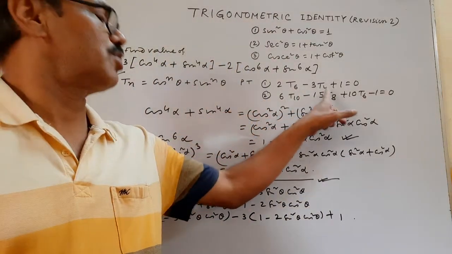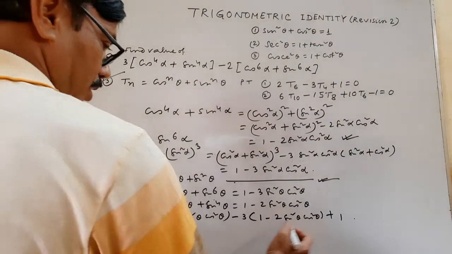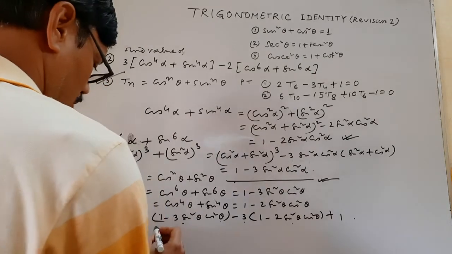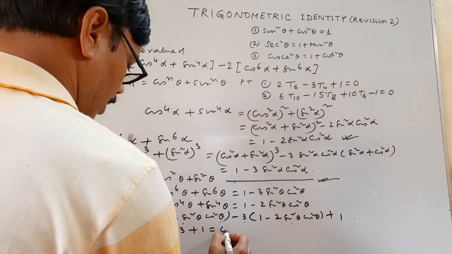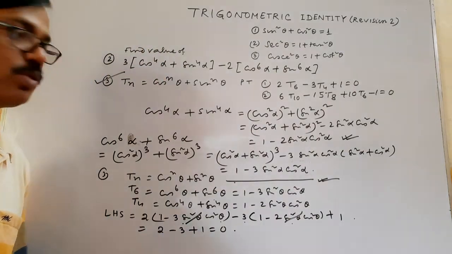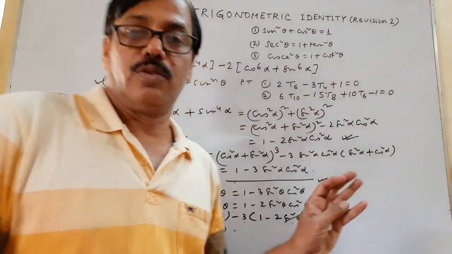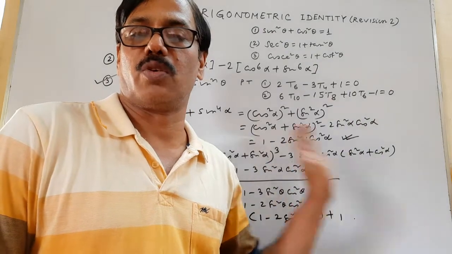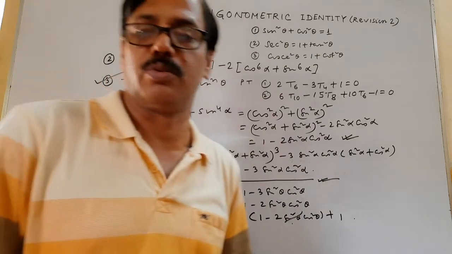Listen, put the values of T6 and T4, and if we simplify, we get minus 6 sine square theta cos square theta and plus 6 sine square theta cos square theta. So 2 minus 3 plus 1 equals 0. This one and this one cancel out. So if it is even power, 2, 4, 6, we can simplify. If it is T5, it is not possible to simplify.